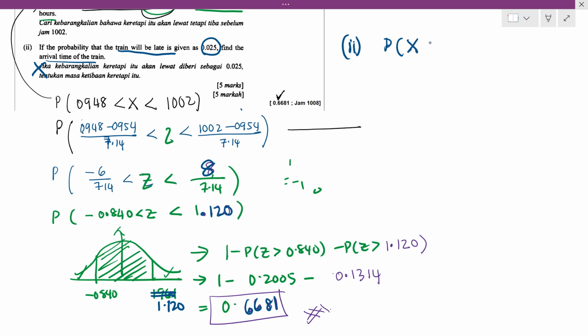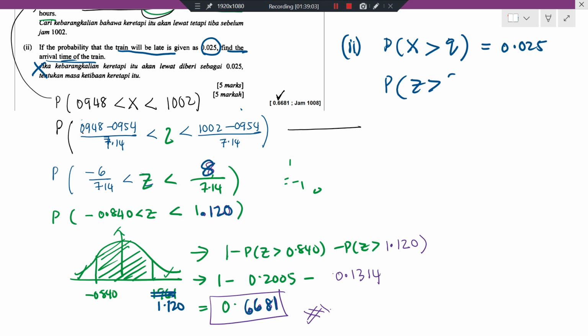Late means more than what we don't know. Okay, the question is finding the arrival time. Let's say the arrival time is q, we don't know. But the probability was 0.025.